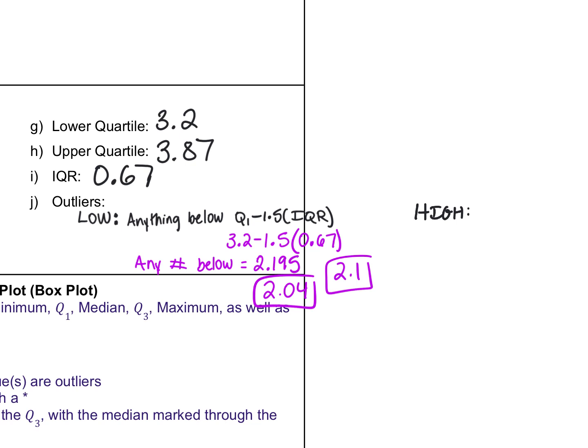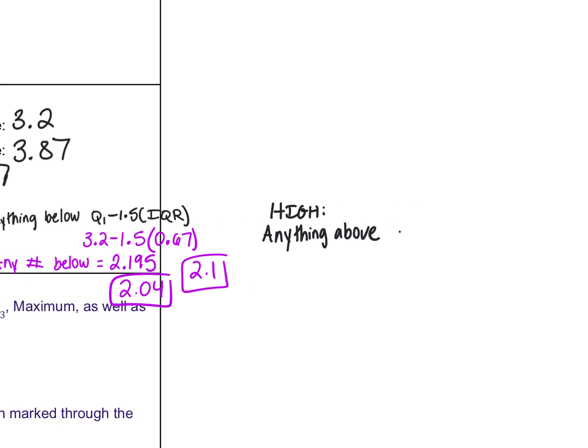Okay, so how I'm going to do that is the same formula or similar formula, and it's also up there on the board. So I'm looking for any number that's above Q3 plus 1.5 times my IQR. So I'm going to plug those in.